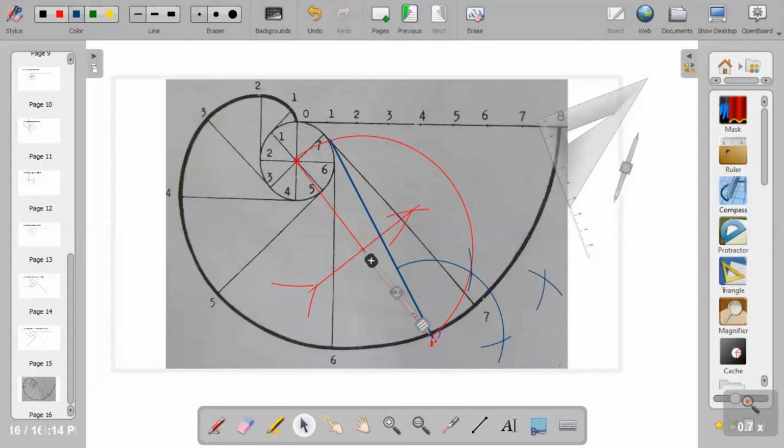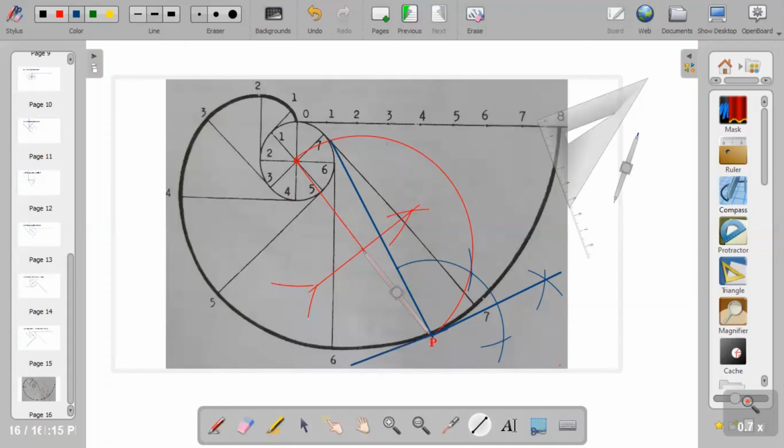Now I can connect point P to the point of intersection. That gives me 90 degrees, and that gives me the tangent. So the line drawn from P to the point of intersection is called the tangent.